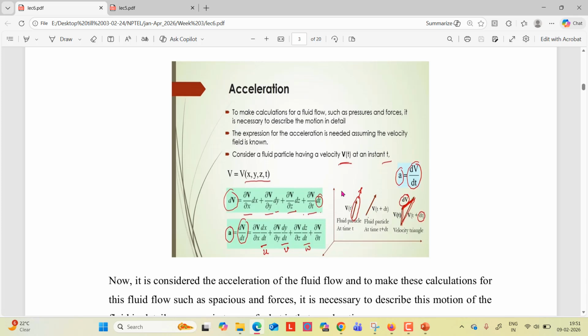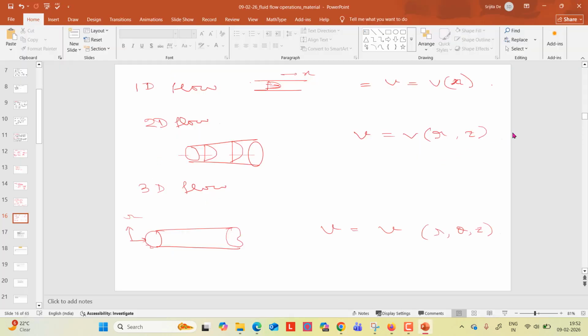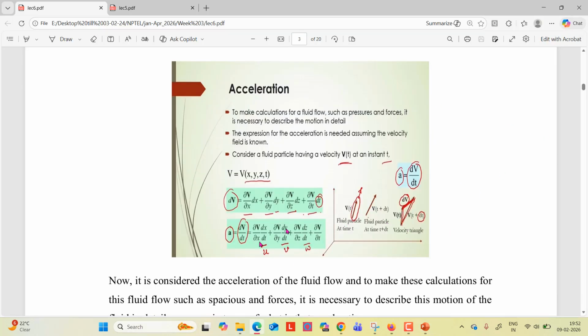So this again divided by dt, and from there you will get your acceleration. Sorry for the network disruption. Now I have come back again. So this is the acceleration part.